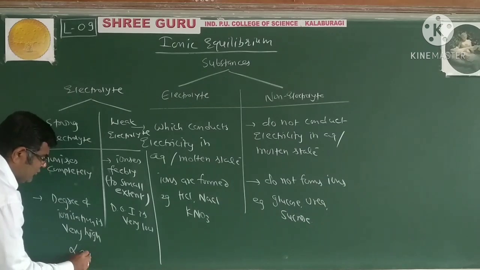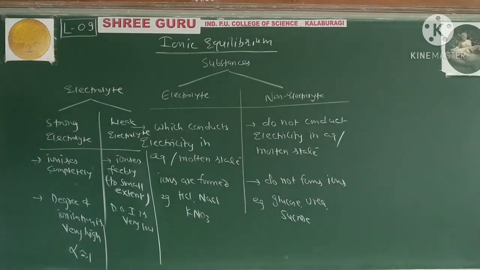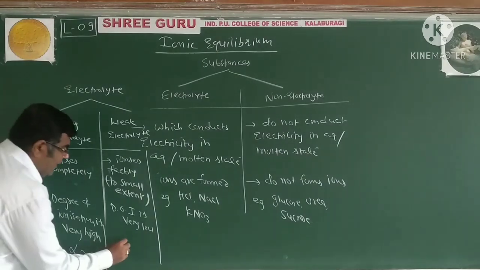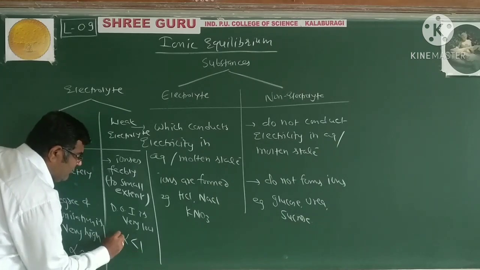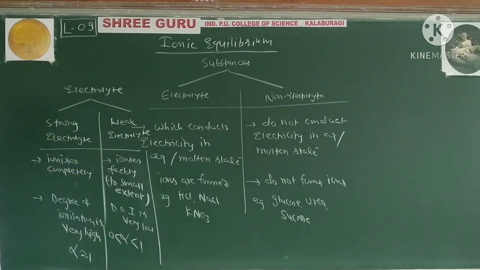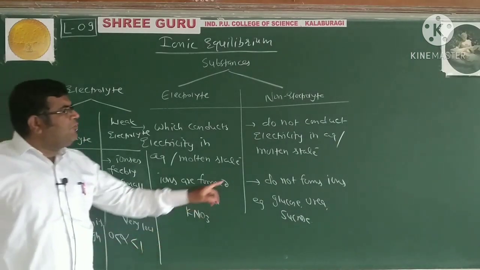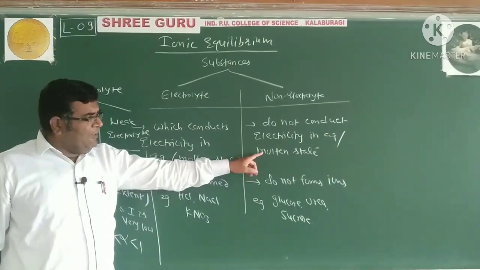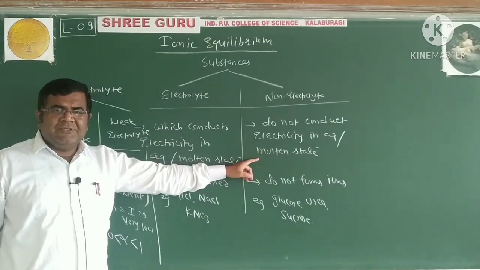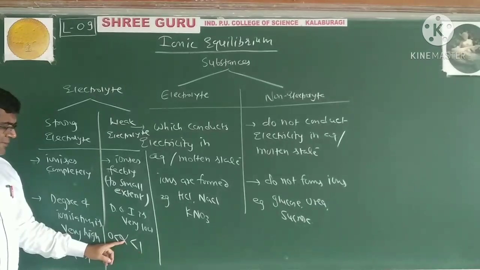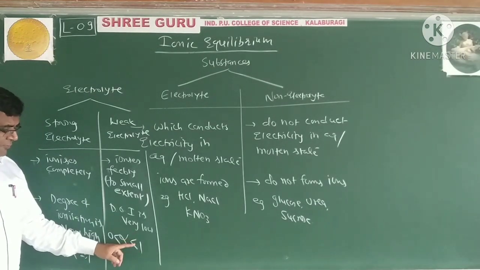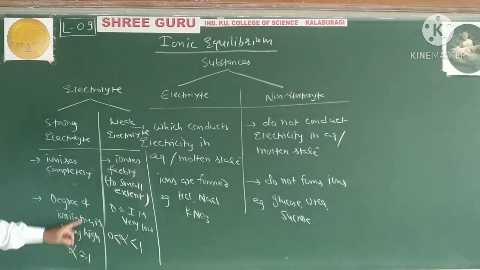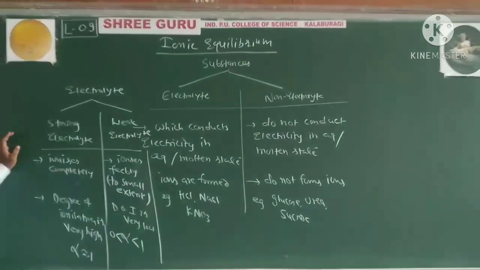For a strong electrolyte it nearly equals 1, which means 100% of molecules get ionized. For a weak electrolyte, alpha is less than 1 but greater than 0. Degree of ionization is 0 for a non-electrolyte. For a weak electrolyte it is greater than that, but less than 1, because 1 is the degree of ionization of a strong electrolyte.